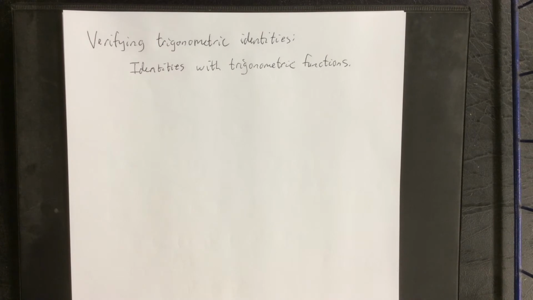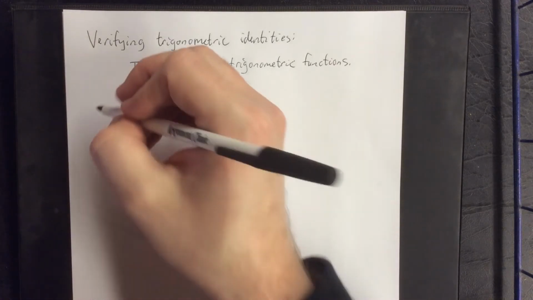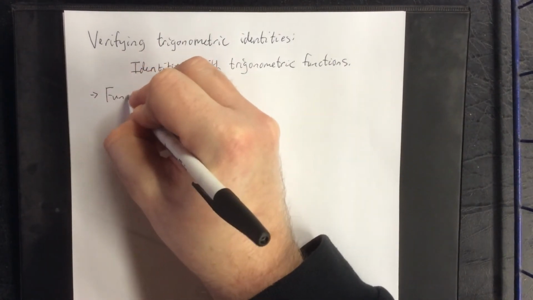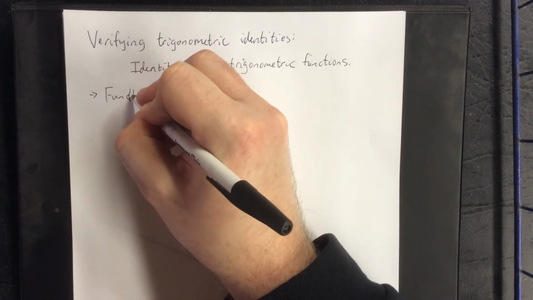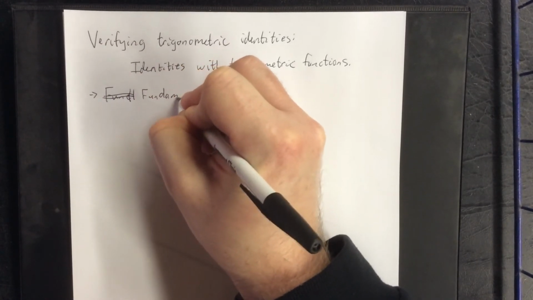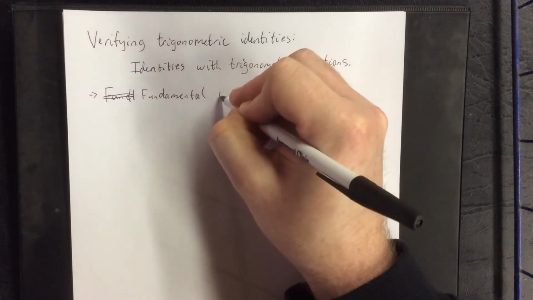Now, if verifying a trigonometric identity was like building a house, then you would need to know all of the tools that you have access to, like hammering a nail, or wiring an electrical socket, or little things like that. Those little things we referred to in the previous chapter as fundamental identities.